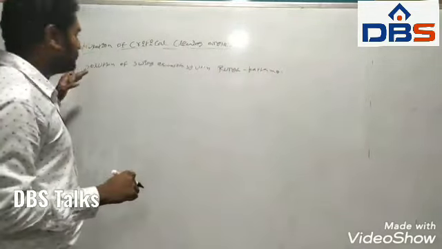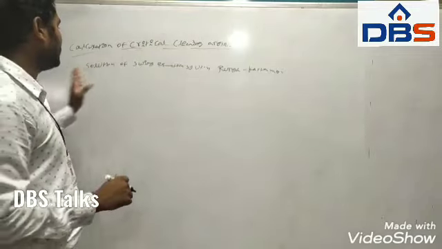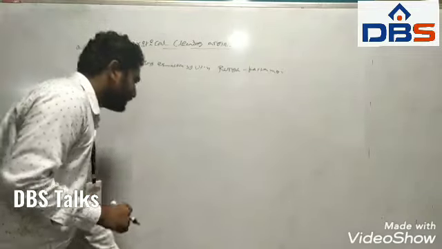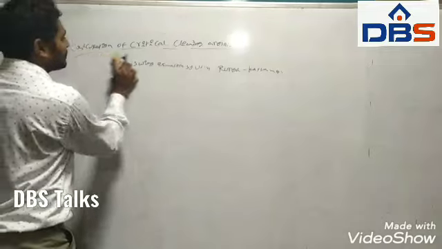So here in this class I will teach you about calculation of critical clearing angle and solution of swing equation by using Runge-Kutta method. So first we will see calculation of critical clearing angle.